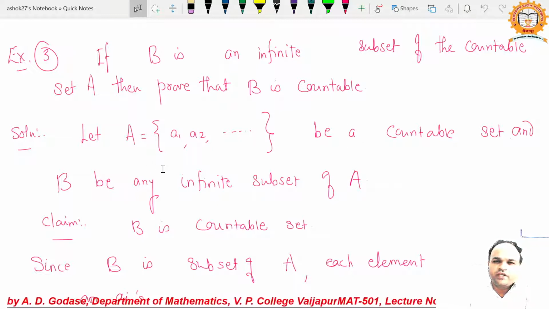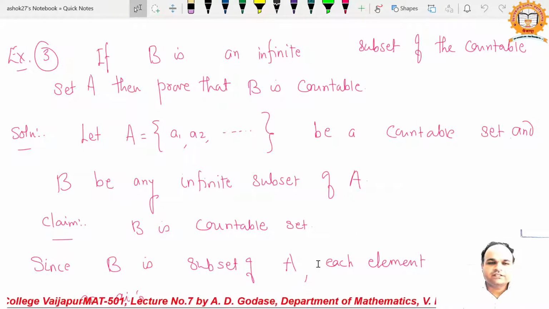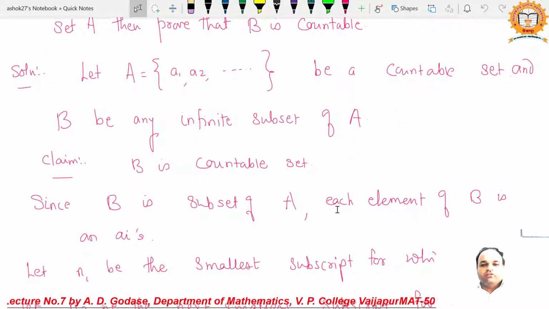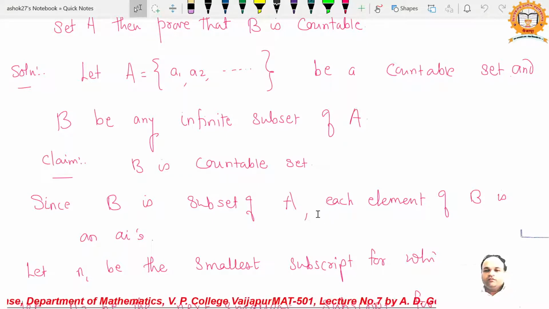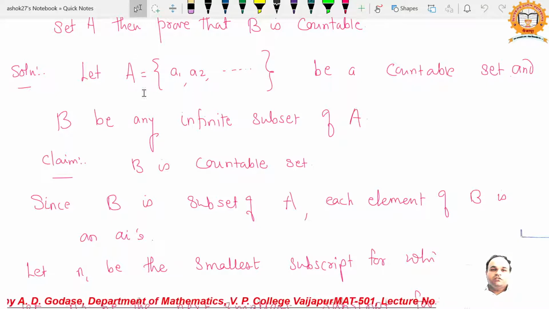So suppose A is a countable set and B is any infinite subset of A. So naturally, our claim is that B is countable. Since B is a subset of A, each element of B will be in A, and naturally it will be some a_i, because all elements of capital A are a1, a2, and so on.